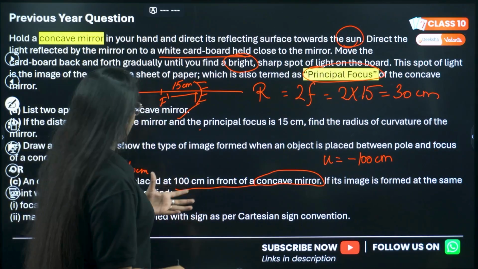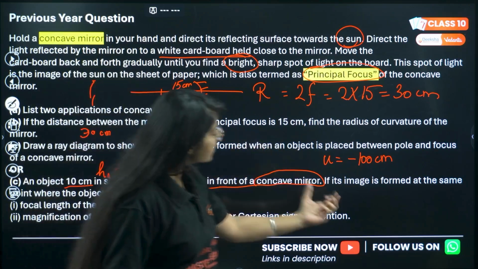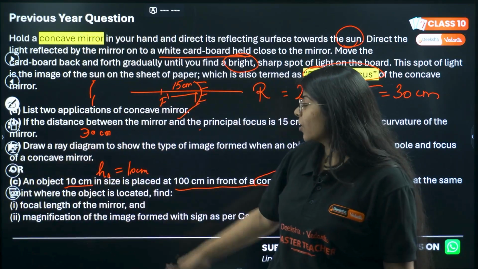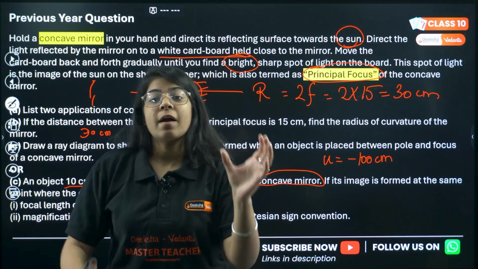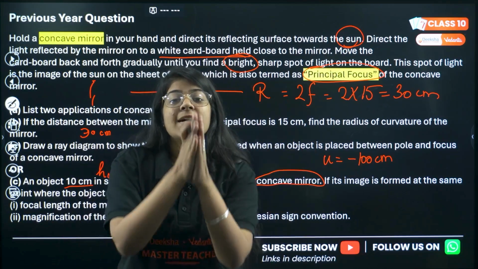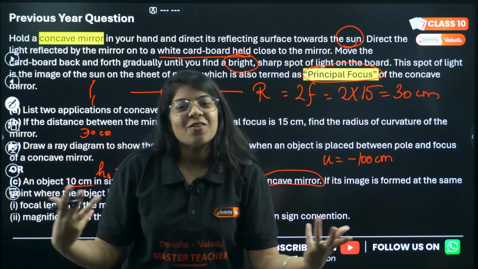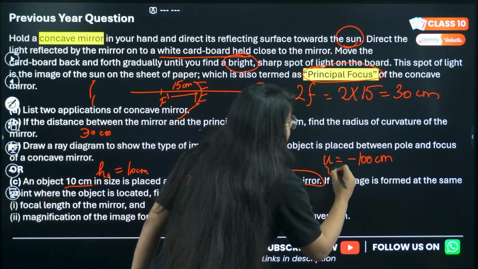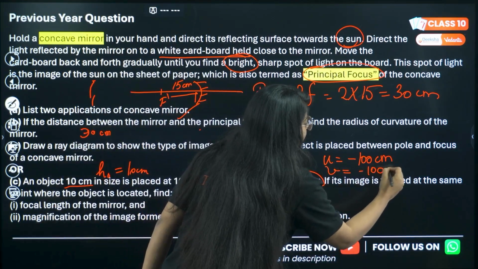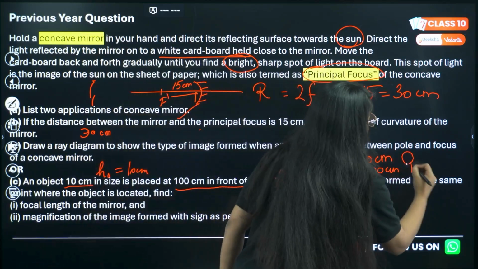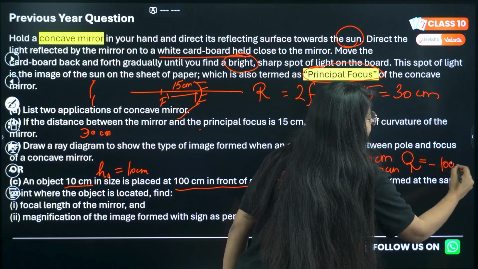Then it says its image is formed at the same point where the object is located. Our object is at radius of curvature, so V is also minus 100 centimeter, and R is also minus 100 centimeter.